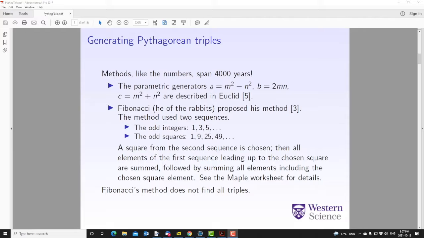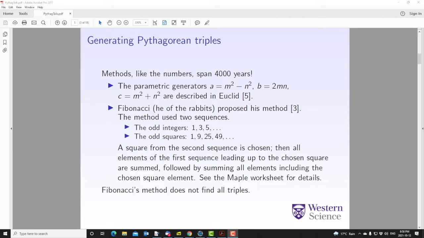Leonardo of Pisa, popularly known as Fibonacci, lived in the 13th century. In addition to introducing Arabic numerals into Europe, he also wrote a book called the Book of Squares, in which he included a method for generating Pythagorean triples. The method used 2 sequences.